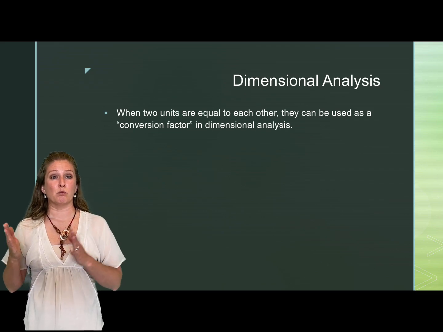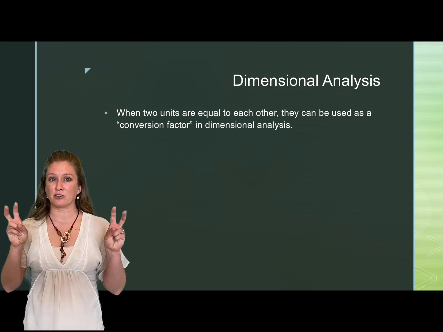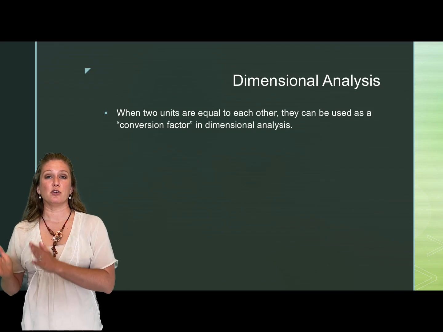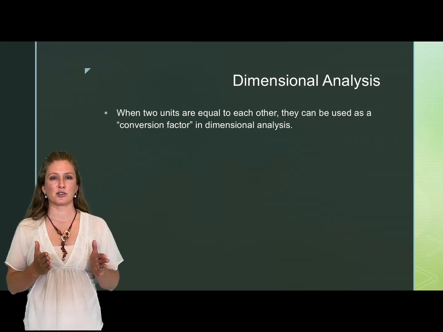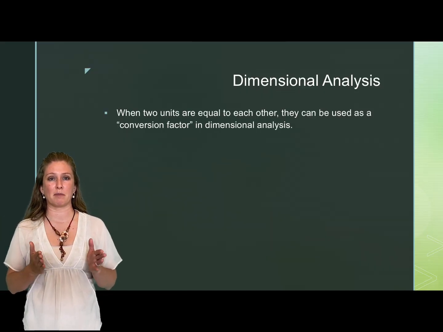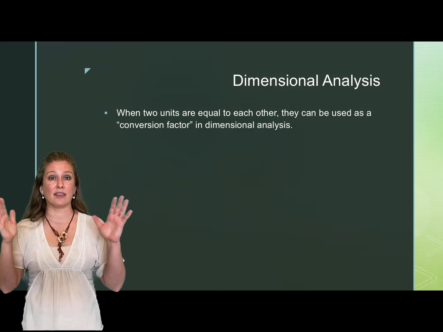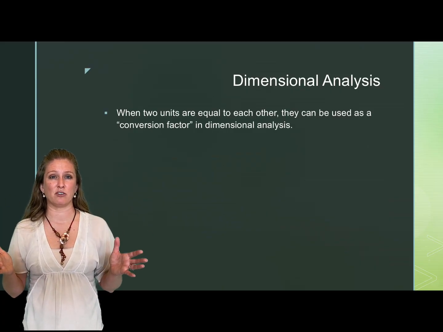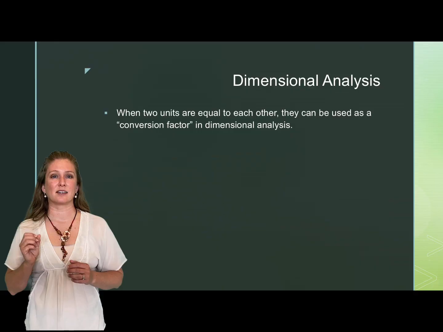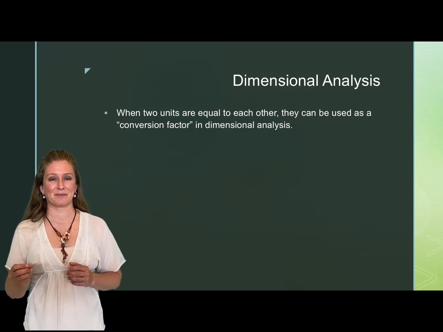So if you multiply, that's the factor part of the conversion, if you multiply by this conversion factor, you're really multiplying by 1, which doesn't change the essence of the measurement that you've made. All it does is convert the units that you're measuring that thing in.